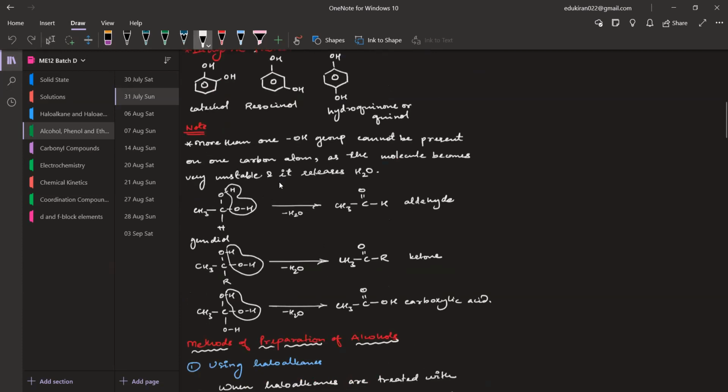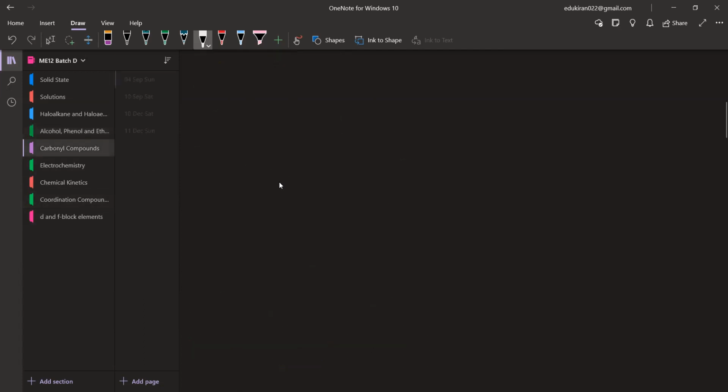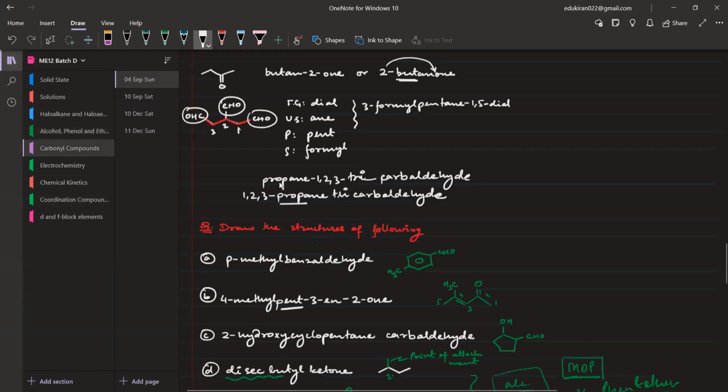See, whenever you have more than one OH group, it cannot be present in one carbon atom. As the molecule becomes very unstable, it releases H2O. So this carbon atom, it has two OH groups attached. So it becomes aldehyde. ठीक है? And it has one hydrogen and one CH3. तो वही वाला केस था यहाँ पे बिल्कुल. Okay.